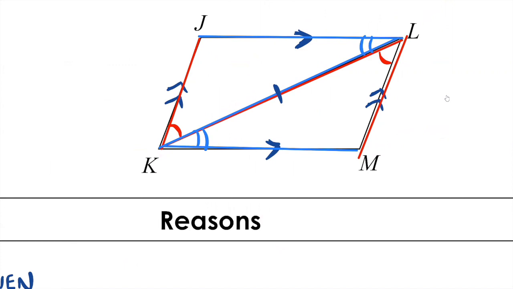So if these two lines are parallel, being cut by a transversal, angles that are on opposite sides of the transversal and inside of my parallel lines are my congruent angles.